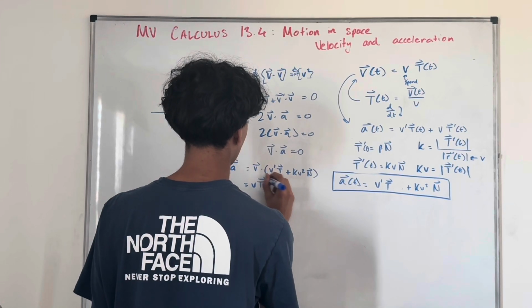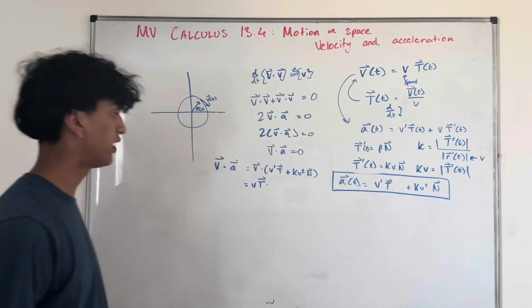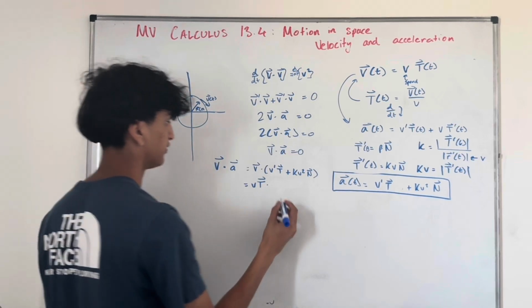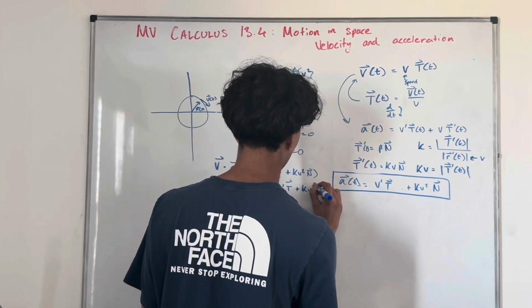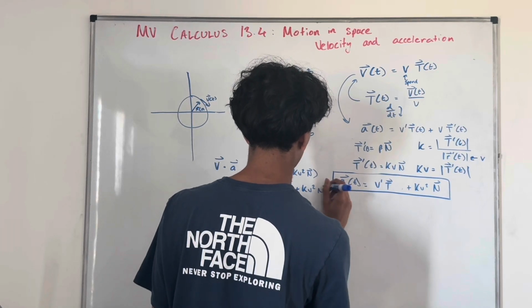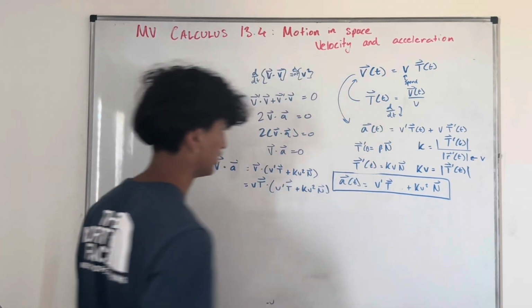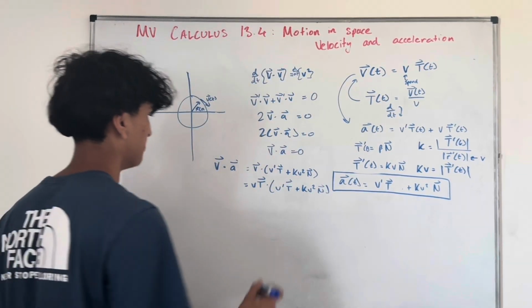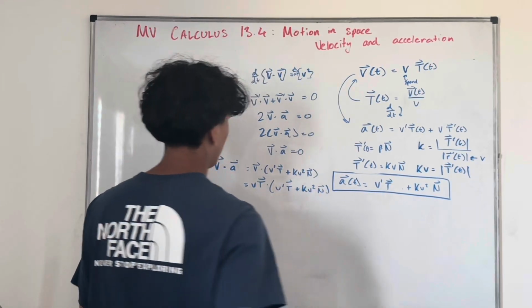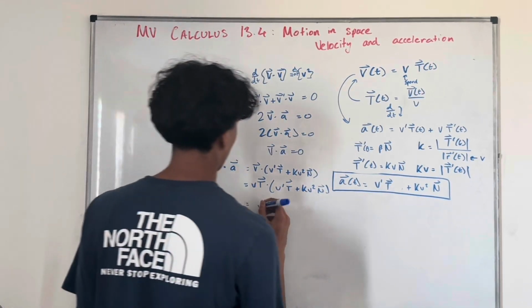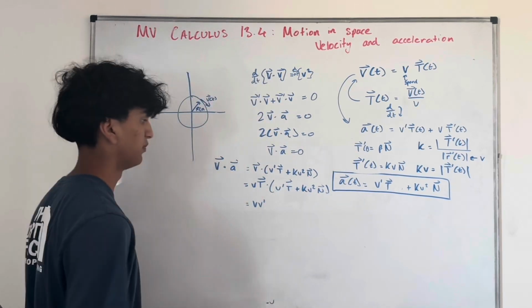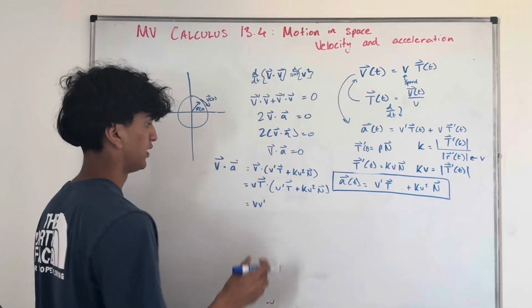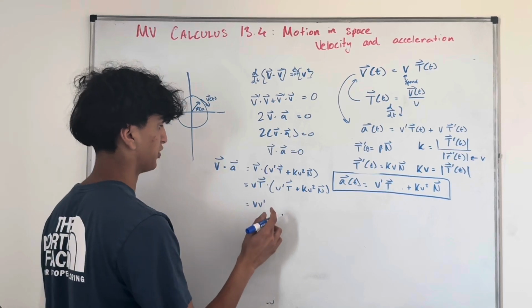So v dot, and what I'm going to do now is distribute this to the rest of this expression, and you're going to see what I'm trying to do. So when I distribute this over, I get v times v prime, dot. This is going to be kind of weird.